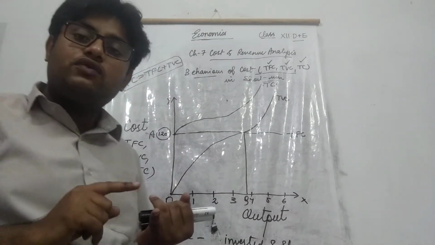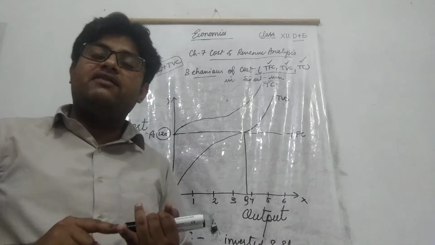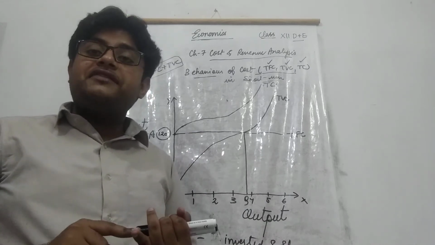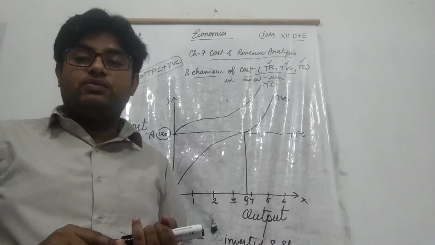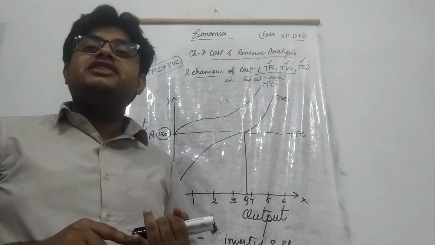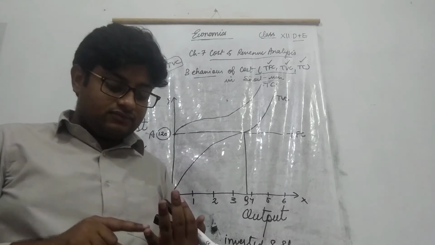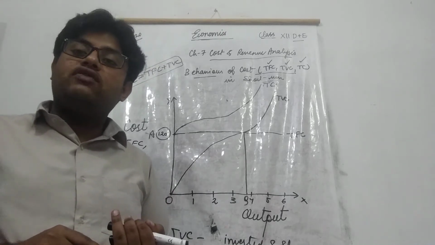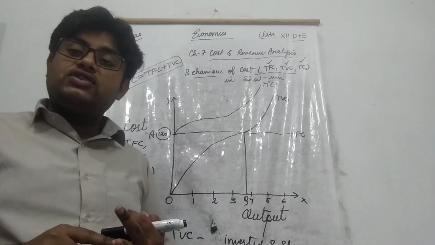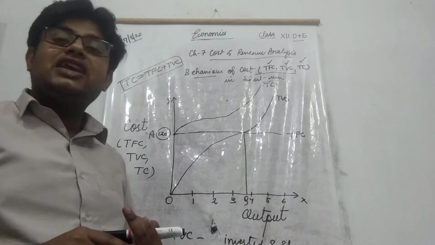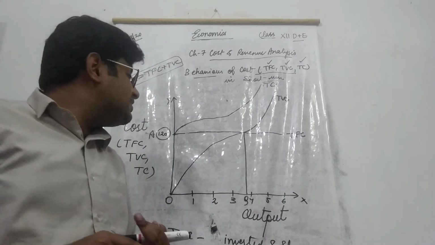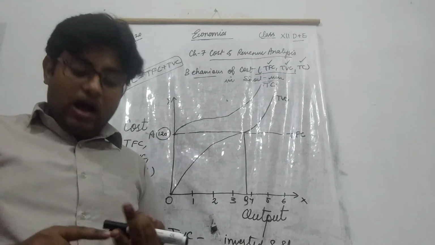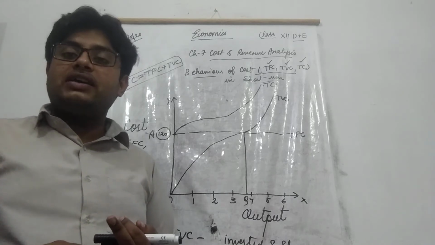We have discussed why TFC is positive at 0 level of output. Second, why TFC is constant in the short run. Third, why TVC is 0 at the 0 level of output. Fourth, why TC is equal to TFC at the 0 level of output. All these 4 questions have been answered.